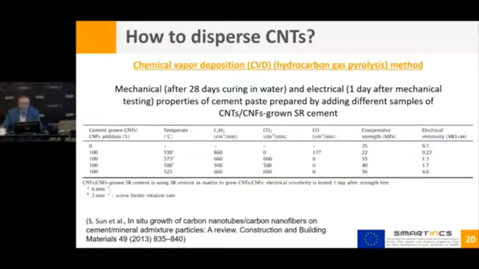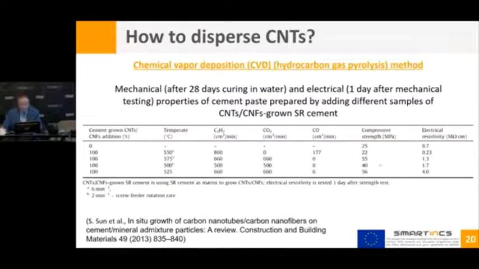Then here, after they made the CNTs grown onto cement grains, they incorporated these materials. And they investigated, the authors of this review, the compressive strength of the obtained material.